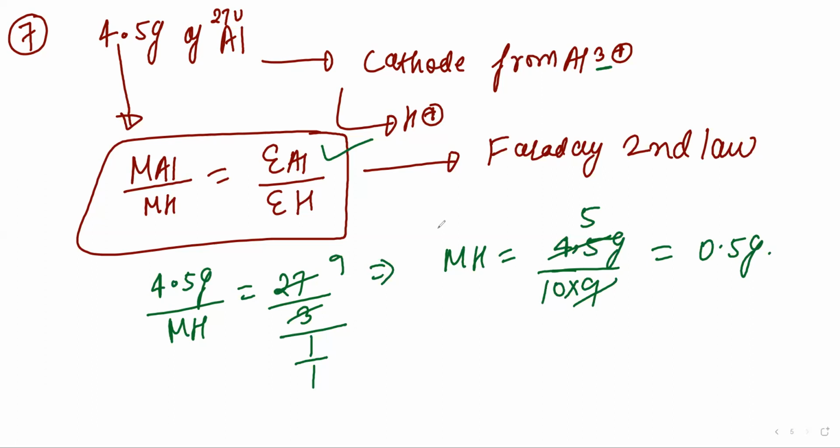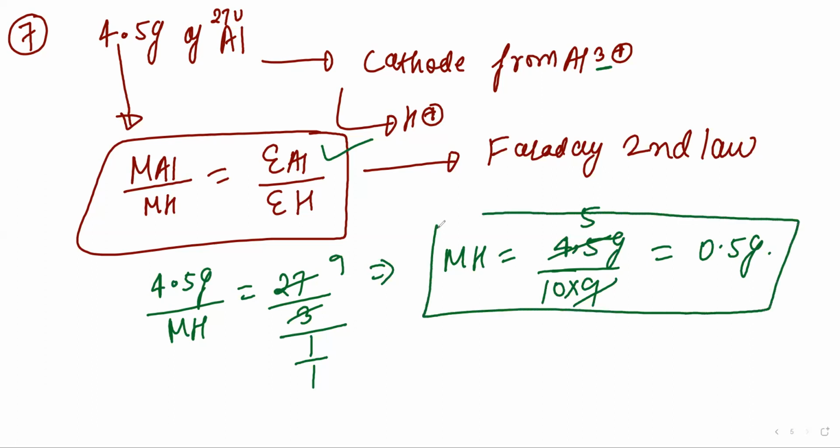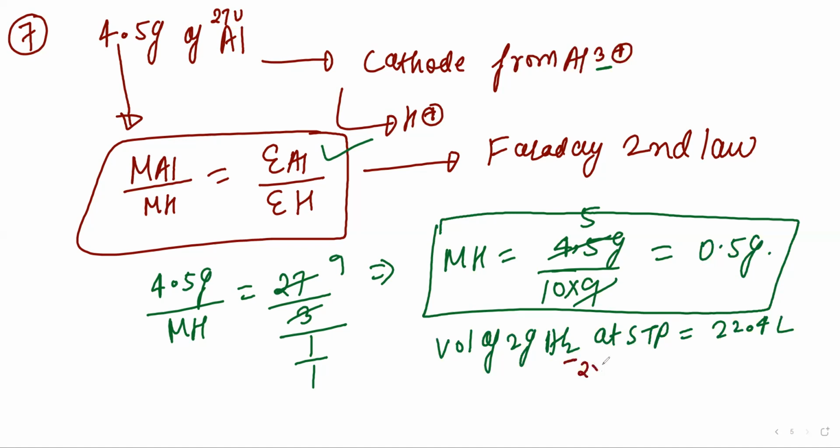Right. If you want to convert into volume form, then as we know, the volume of 2 gram of hydrogen at STP contains 22.4 liter. 1 mole contains 22.4 liters. So converted into gram, 2 into 1, because 2 atoms are there. That's why we have written here 2 gram, 2 into 1.